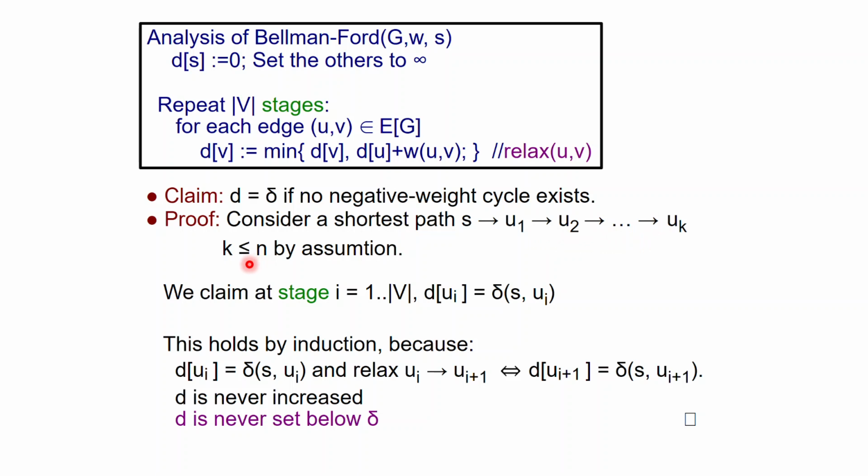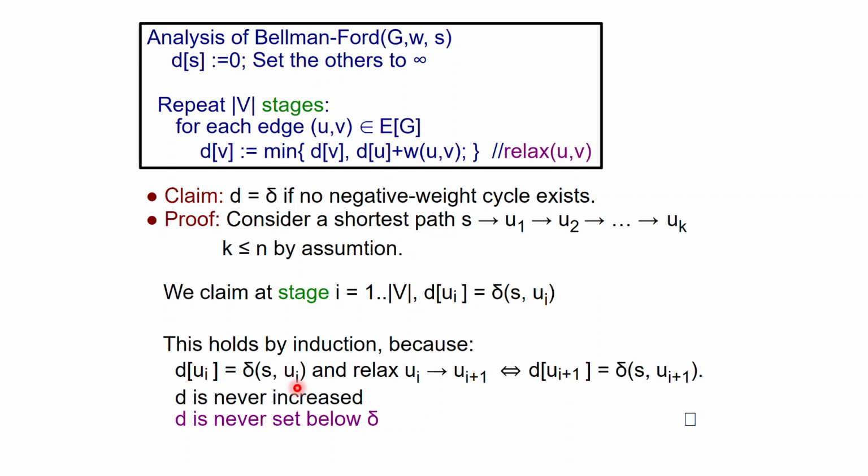And the claim is that at stage i, when i goes from 1 to n, the first i nodes in this path after s will have the right value for d. So d of u sub i will equal delta s of u sub i. And this can be proved by induction.